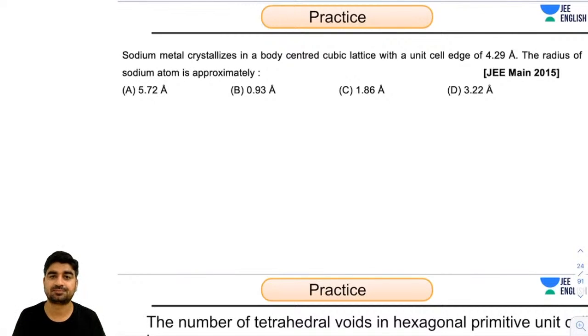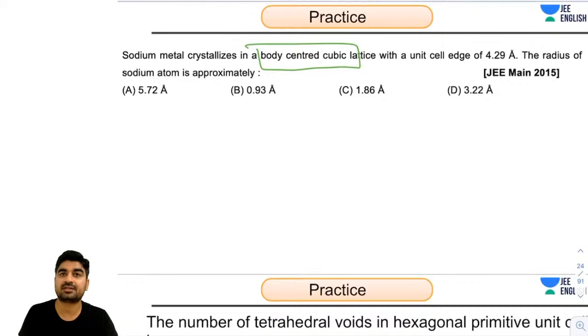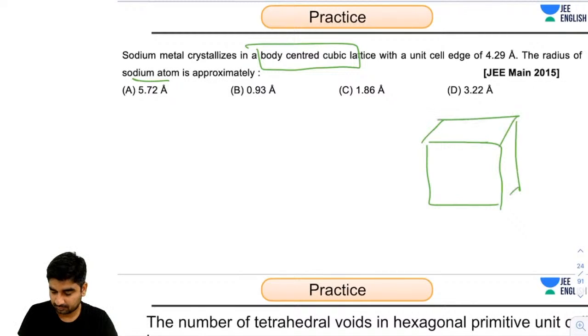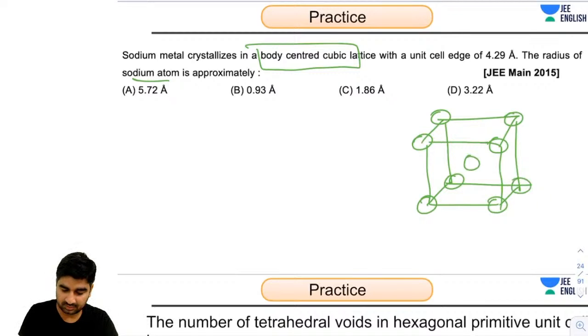How will you do this? Sodium metal crystallizes in body-centered cubic lattice. The radius. So when I'm talking about body-centered, just make it this one.